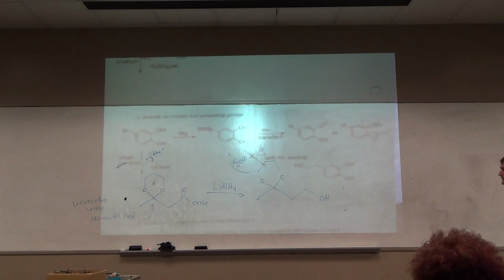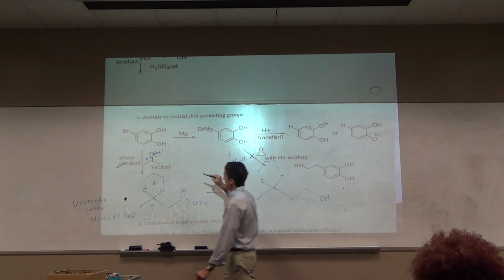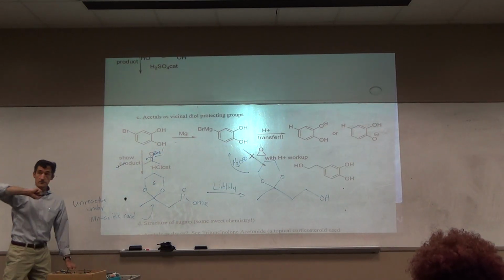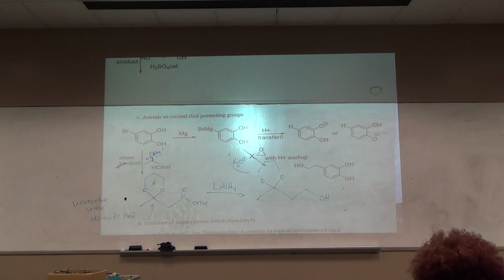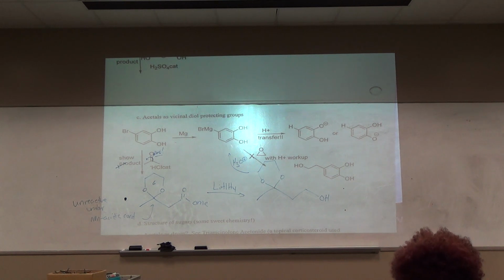Okay, acetals and other protecting groups. You can also protect diols. Please look at this chemistry, what the problem is. What do we need to protect? Protecting groups are very common in organic chemistry because sometimes you have a group that's going to react when you don't want it to.